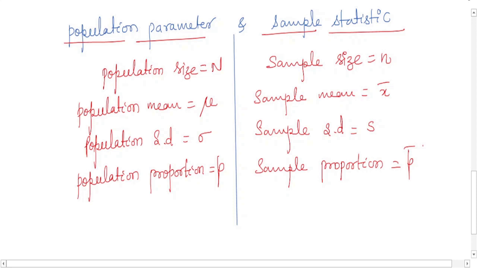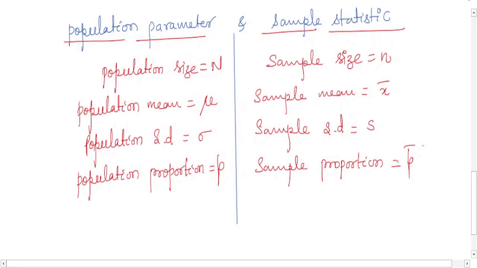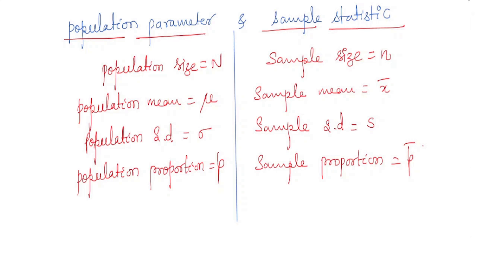So these are the data related to population, we use it as a parameter, and related to sample we call it a statistic. So statistic means we are using the notations related to sample, and wherever we use the word parameter it is related to the population.